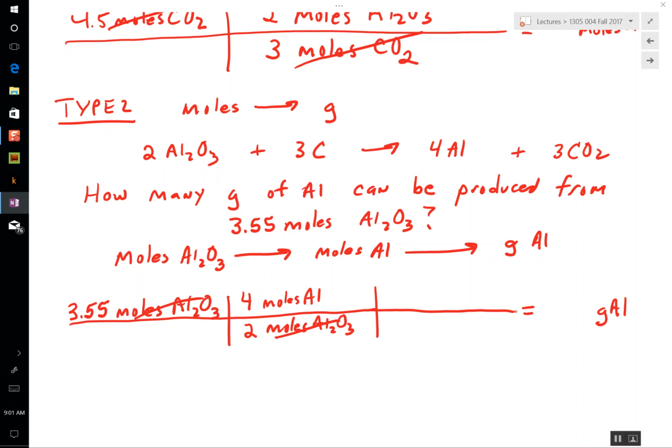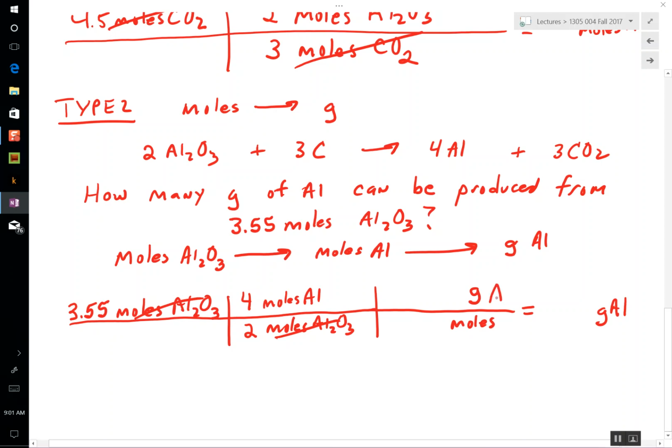This is a skill you've learned. Grams over moles, right? So we need a unit like this, grams per mole. What is that? That's the molar mass.